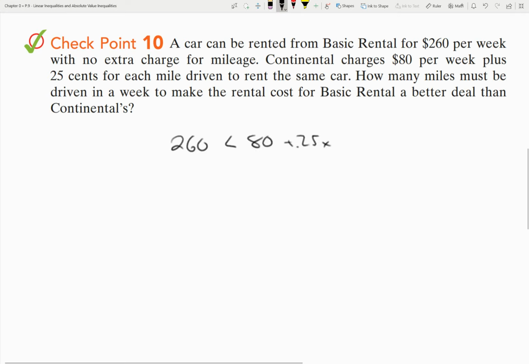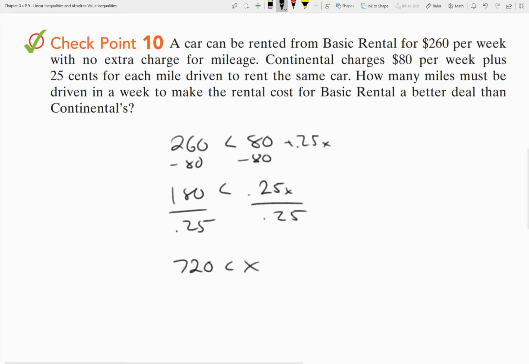This one's nice and simple because I don't have any variables on the left-hand side. So we get 180 is less than 25 cents times x, divide out my 25 cents, and 720 has to be less than x.